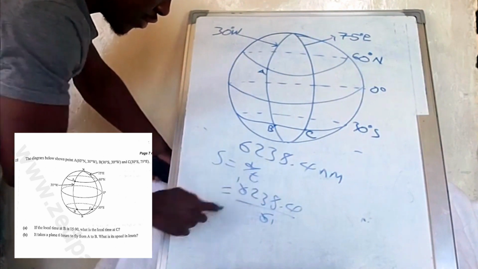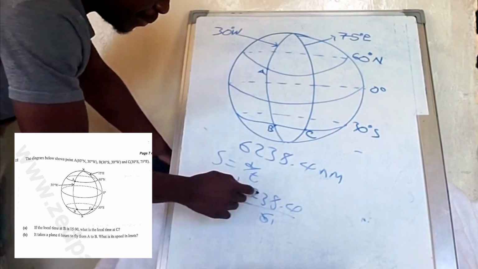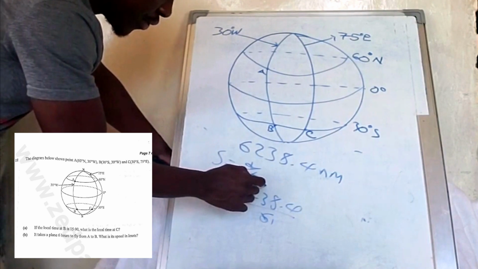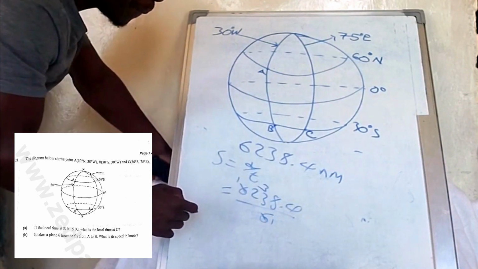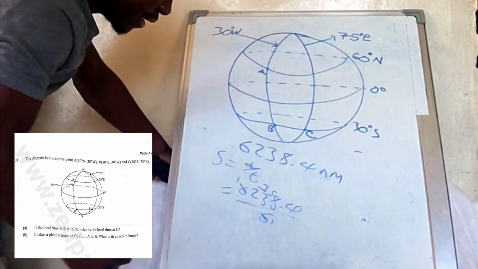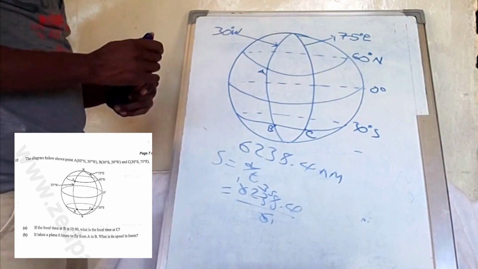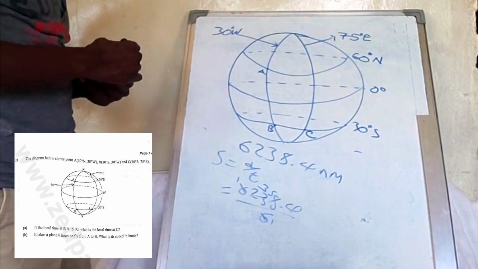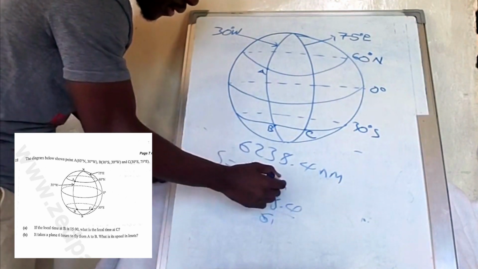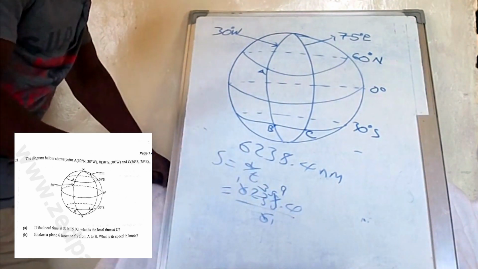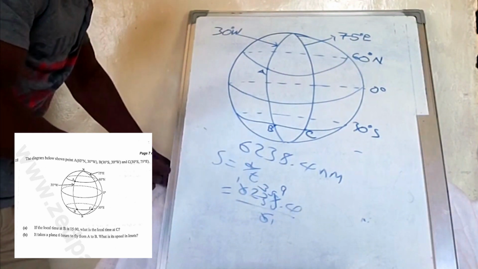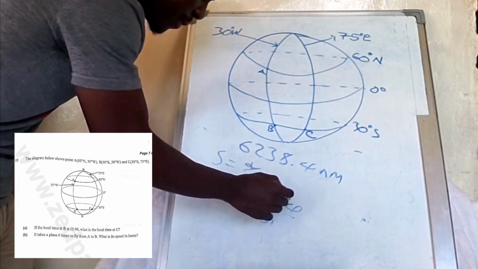6 into 23 will give us 3, remainder 5. 6 into 58 will give us 9, remainder 4.